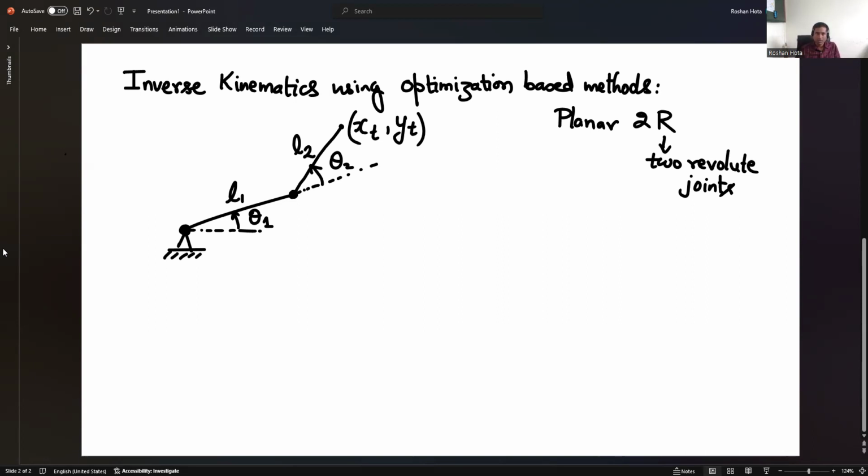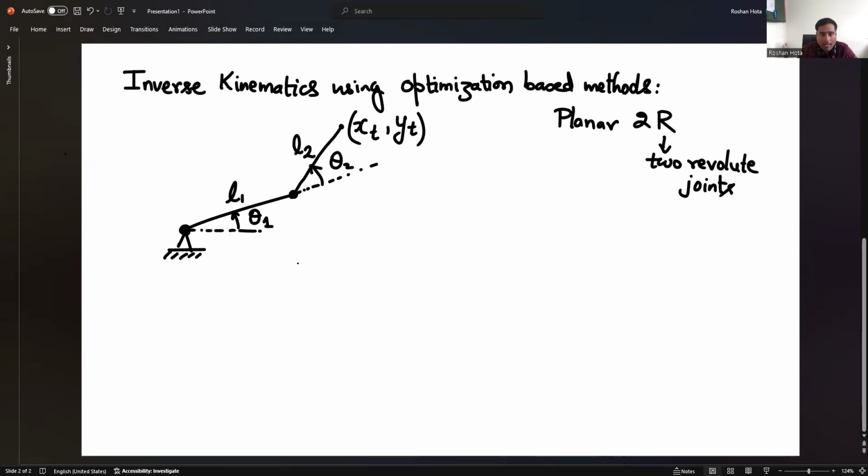It turns out that this problem of inverse kinematics, to find θ1 and θ2 for a given xt and yt, is a difficult problem. However, another problem called the forward kinematics, in which we find xt and yt given θ1 and θ2, is a relatively simple problem.